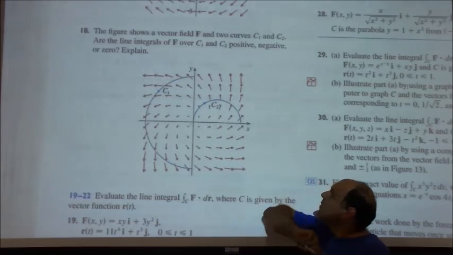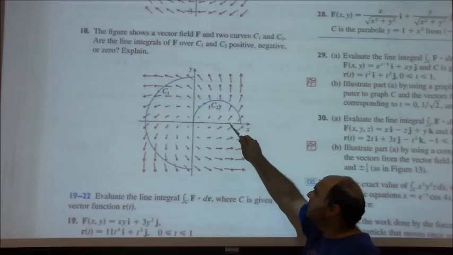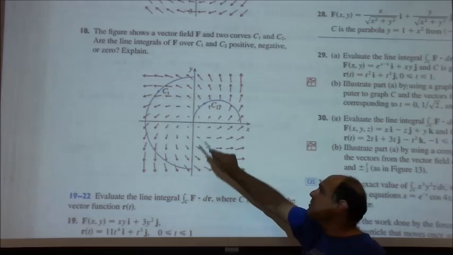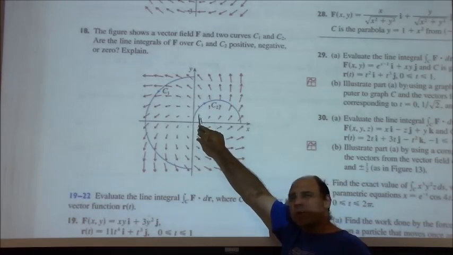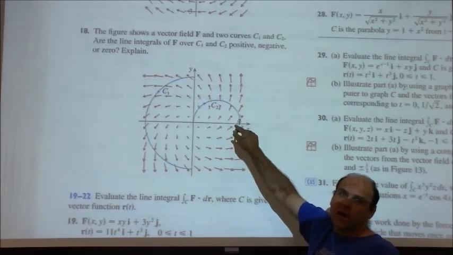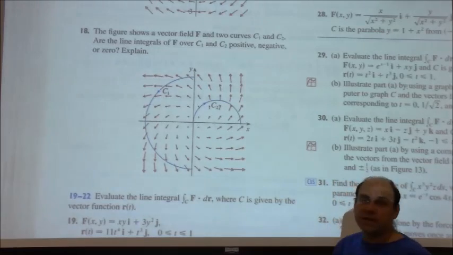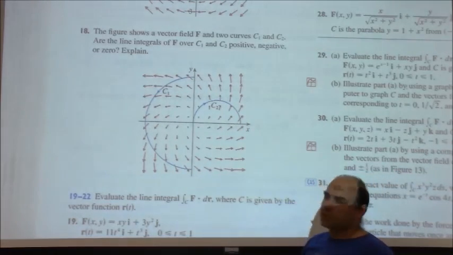There's some pushing me to the right, which I want, but it's mostly opposing me. And the big arrows are over here, where I have opposition. The small arrows are over here where it's helping me. So it's helping me a little at the beginning, but it's hurting me a lot at the end. And so this path integral should come out to be negative. And if I traveled in the other direction, it should come out to be positive.